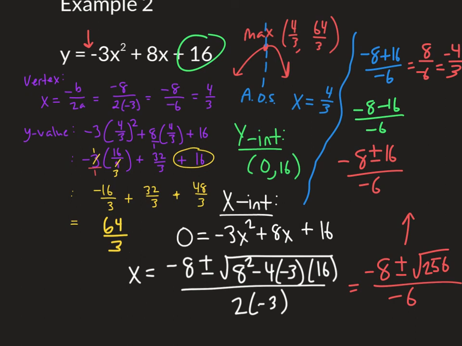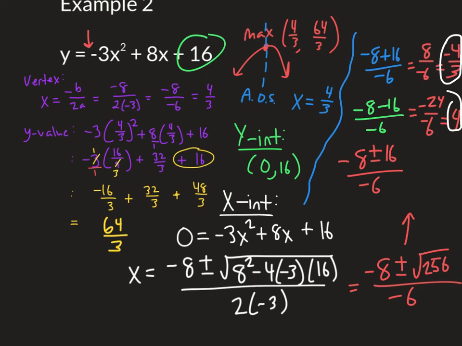Okay, and then the negative 8 minus 16 would be negative 24 over negative 6, which when we divide equals 4. Okay, so to kind of complete the process here, our x-intercepts are negative 4/3 and positive 4.